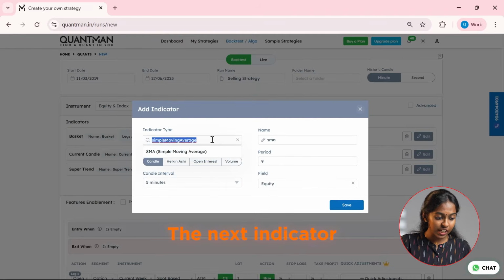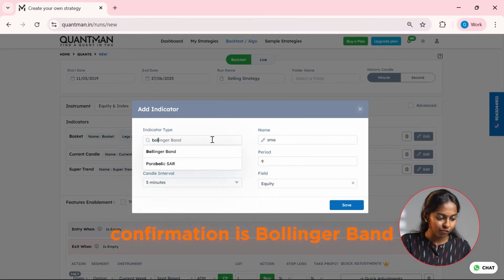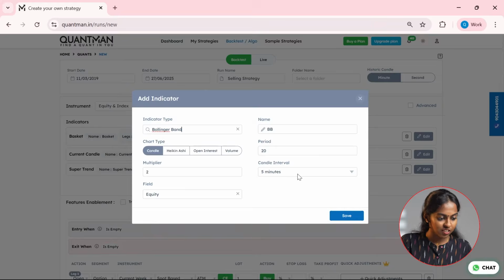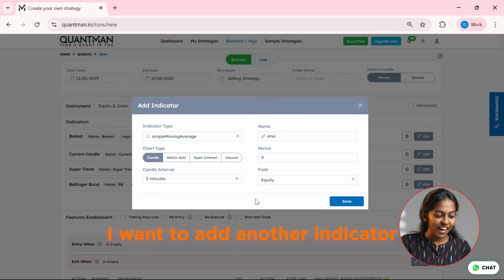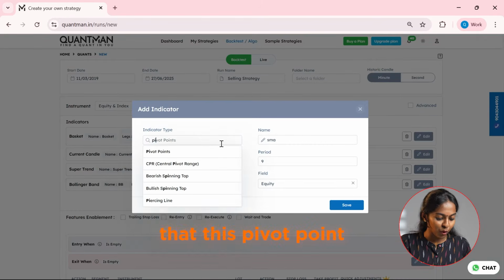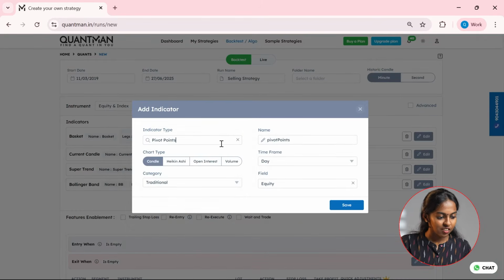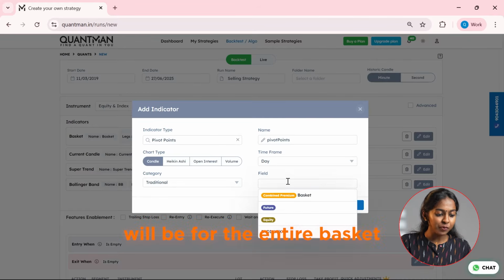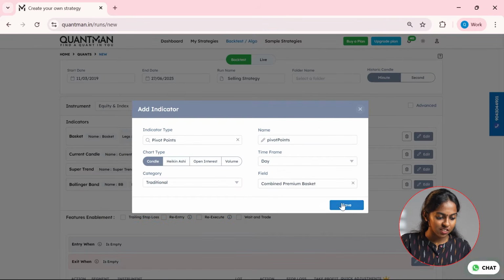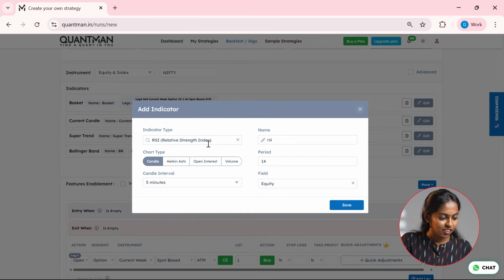The next indicator that I am going to give for the better confirmation is Bollinger Band of the 10 and 2 multiplier of 3 minutes chart for the entire basket. I am going to add another indicator, that is pivot point. This pivot will be for the entire basket. So let the RSI be 14 period in the field of basket.